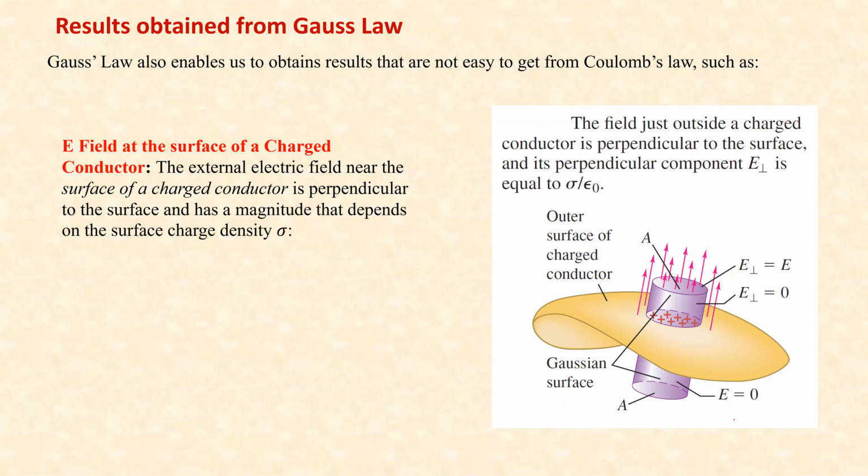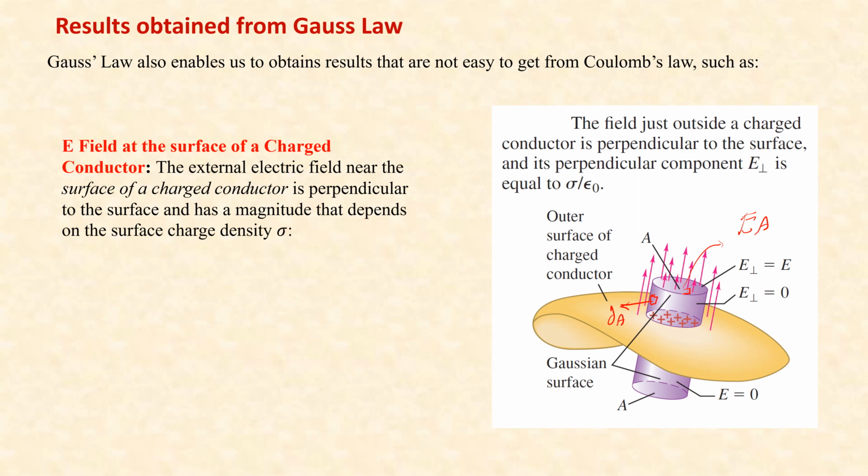So here is a better shape of Gaussian surface. We have E perpendicular to the surface, and E goes out of this top cap. The total contribution here is E times A, because on the sides that are outside, the electric field is perpendicular to dA.